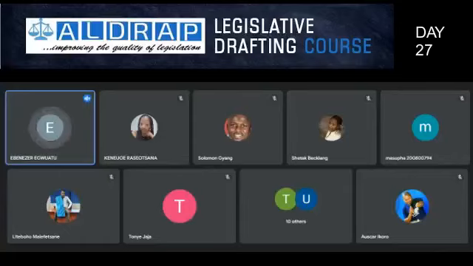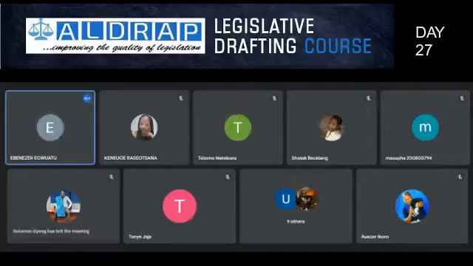Then, power to appoint. Who appoints? What is the mode of appointment or recruitment? What about termination of appointments? What about giving the person notice, 3 months notice? Can the person just resign and walk away?